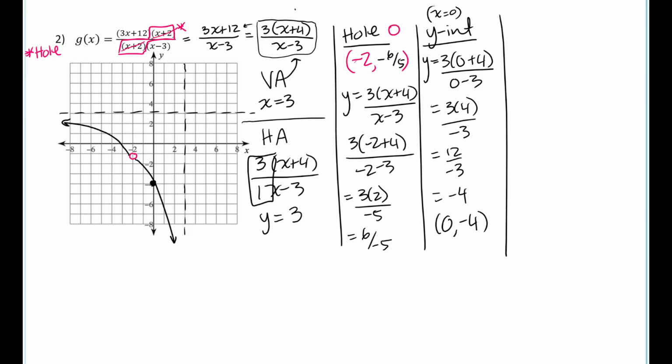Okay, so if I were to find the x-intercepts, that's usually what we would do next. I have 3 times x plus 4 over x minus 3. I would set this equal to 0. Okay, alrighty. So I'd multiply both sides by x minus 3. It's going to cancel out.